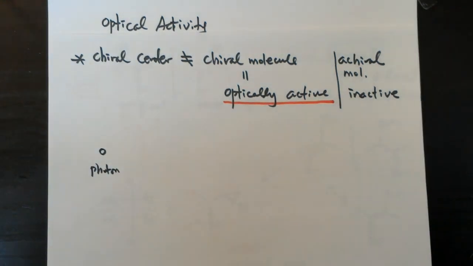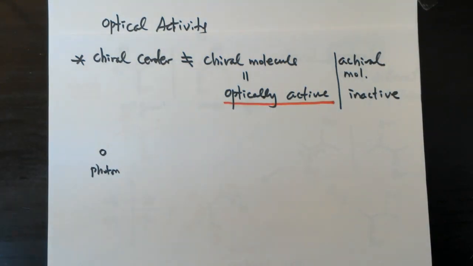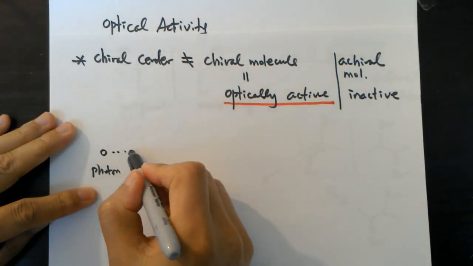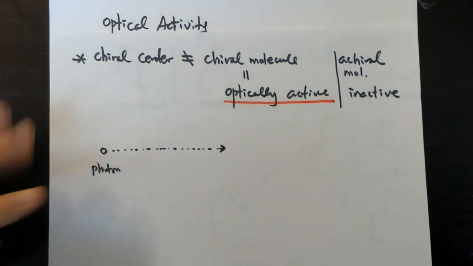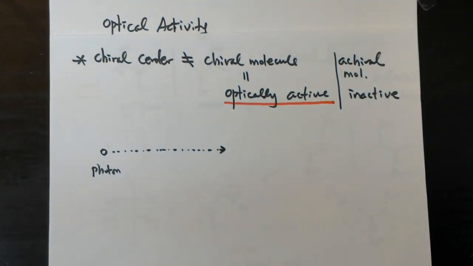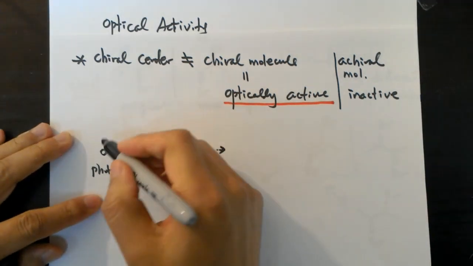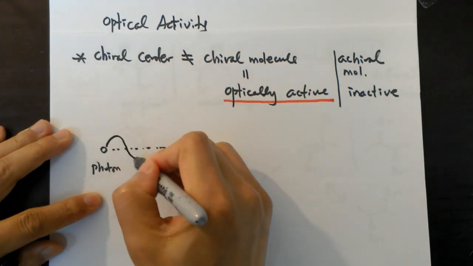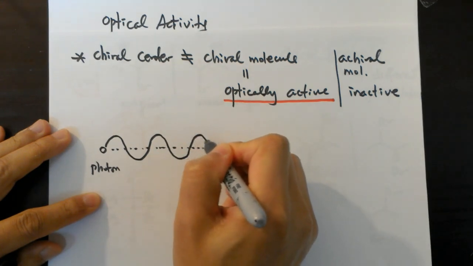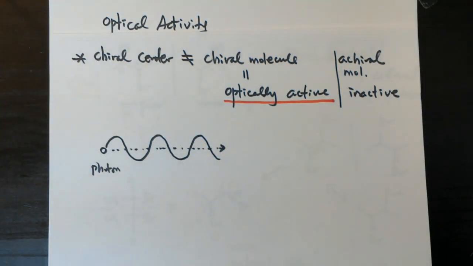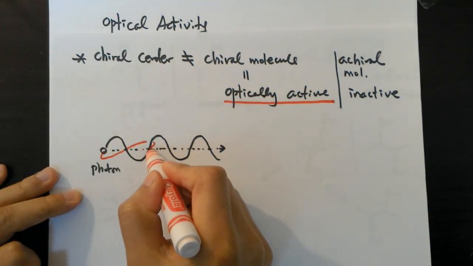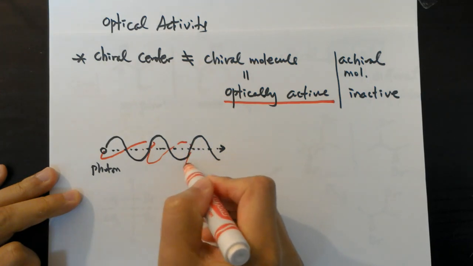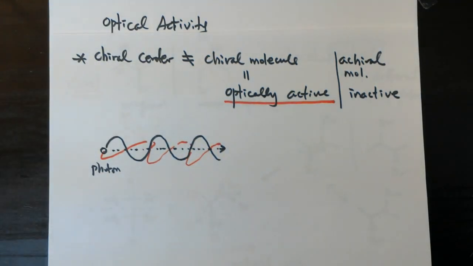It is considered as a particle but also as a wave. As a photon proceeds in space through matter, it shows a fluctuating electric field with a certain frequency. Perpendicular to that, we have a magnetic field also oscillating with the same frequency.